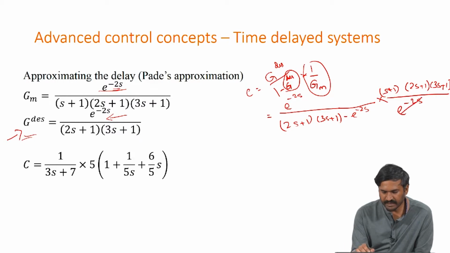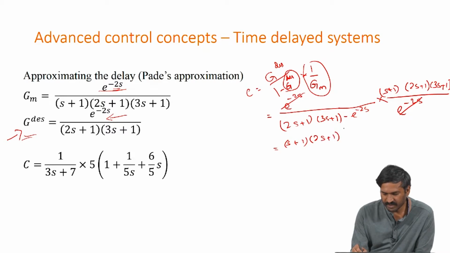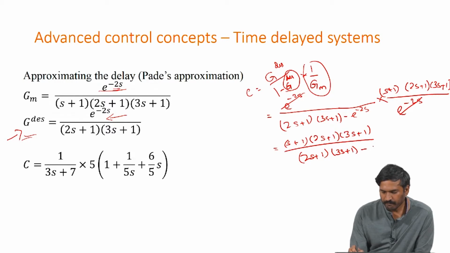Now, these two will get cancelled, there is still some e power minus 2s left over here. So, that will be approximated as a first order Pade approximation and then do the computation. So, e power minus 2s is 1 minus s divided by 1 plus s.